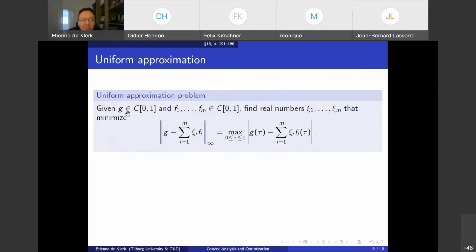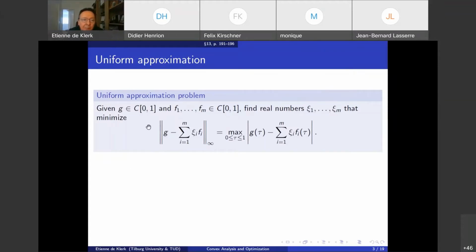We are given some continuous function g, let's say on 0, 1 for ease of exposition, and we want to approximate this by some other given continuous functions on 0, 1.